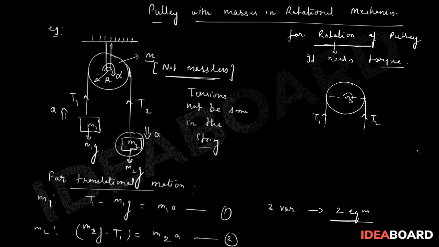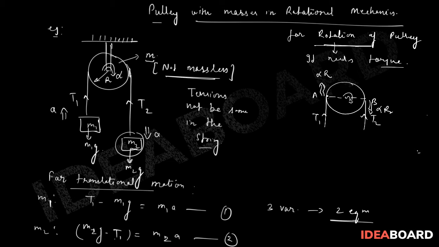Let's say point A and point B. Point A will have acceleration alpha into r, and similarly point B will have acceleration alpha into r.